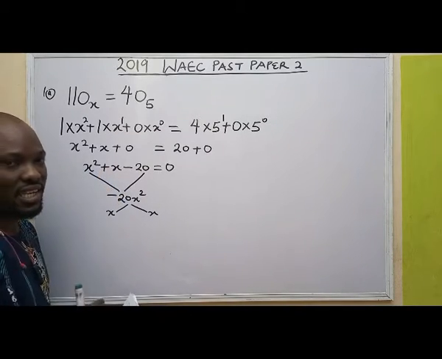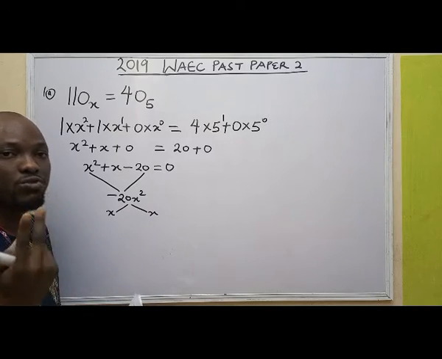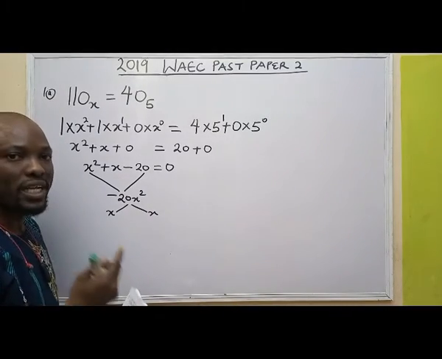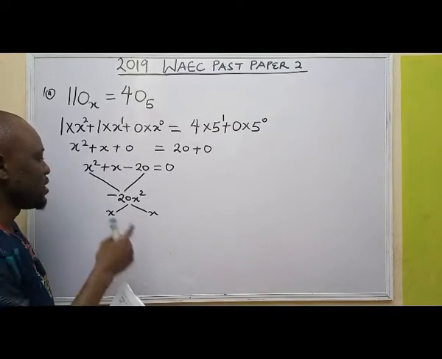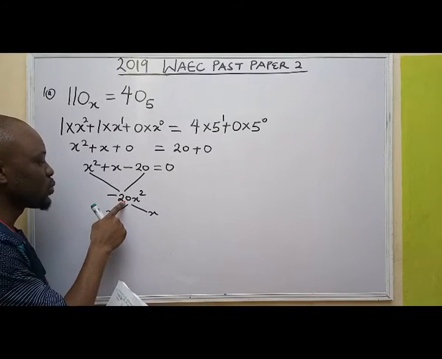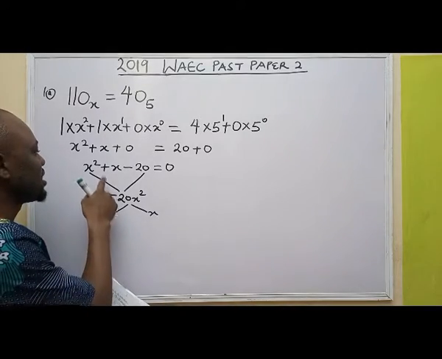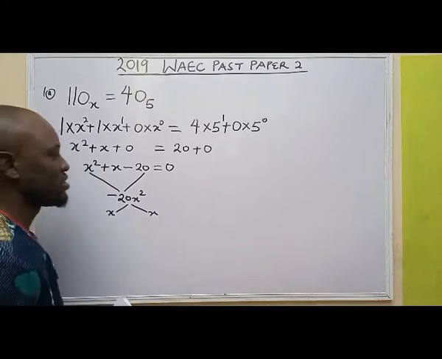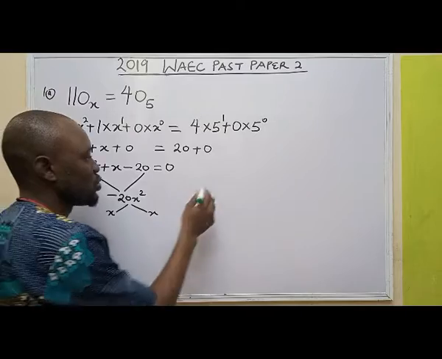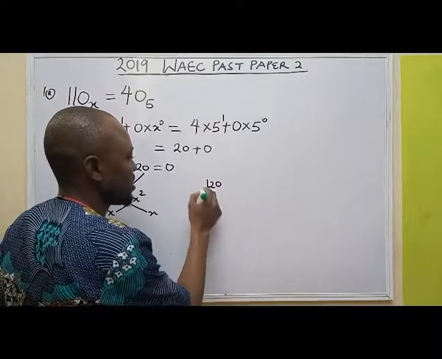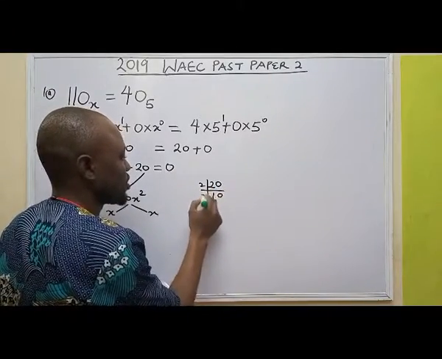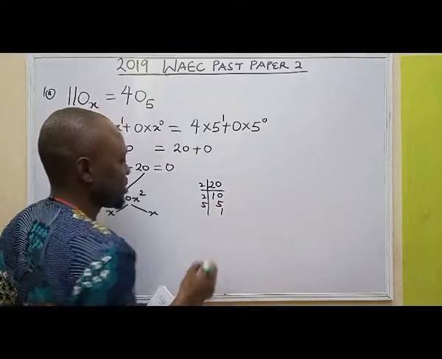I'm going to say that again. I'm going to look for two factors such that when I multiply those factors, it gives me minus 20. If I add or subtract the same factors, it will give me plus 1. So you can use prime factors to do that. This is 20, 2 here, 10, 2 here, 5, 5 here, 1.